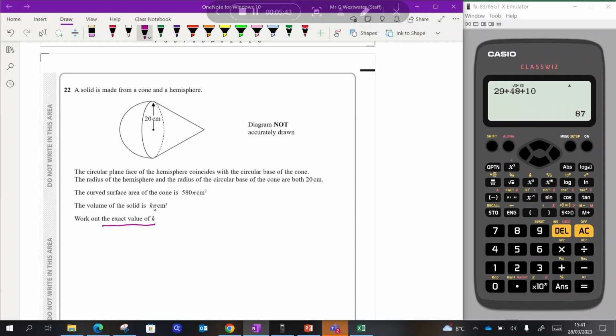So we don't want an approximate decimal, we want the exact value of k. And note that we've got pi in here as well, so we're expecting a final volume of both of these objects to be k pi, or something times pi. So I'm going to start off with the cone. We were told that the curved surface area is 580 pi centimeters squared.